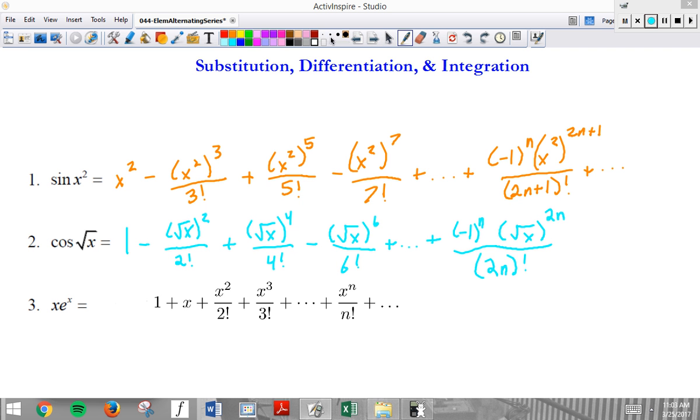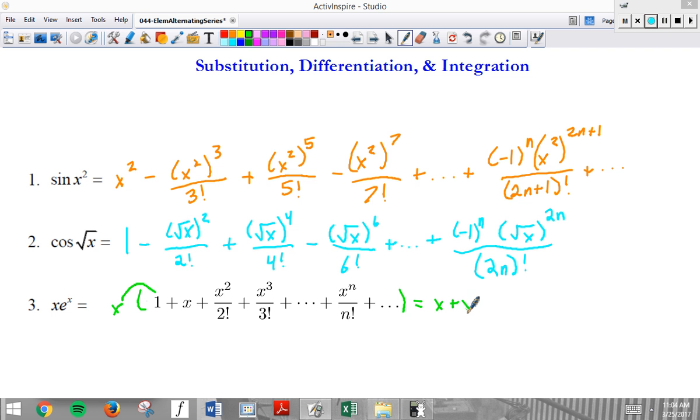So x times e to the x can be written x times all of that, right? I replace e to the x with its series, and I get really happy. Because now all I have to do is distribute infinitely many times, but that's easy.